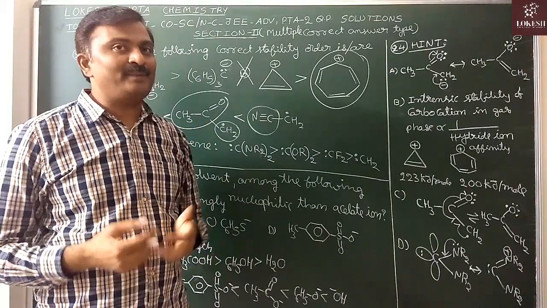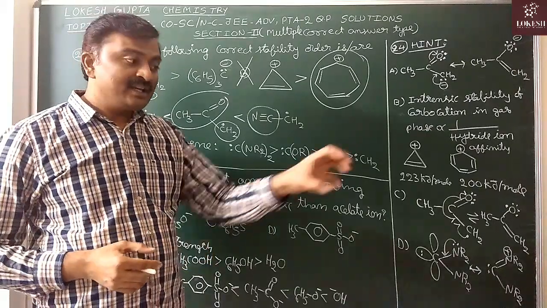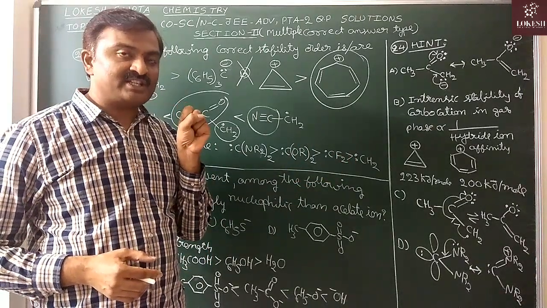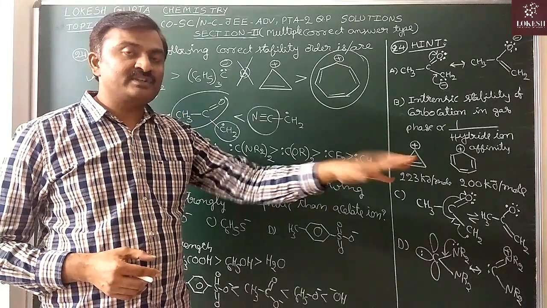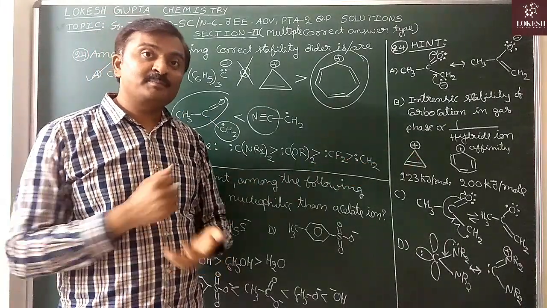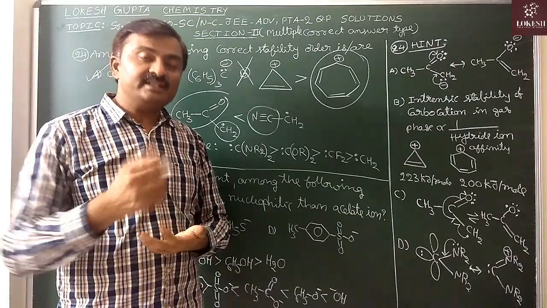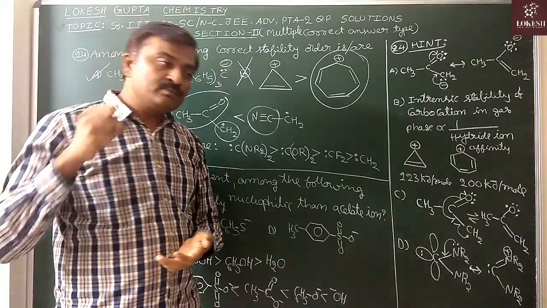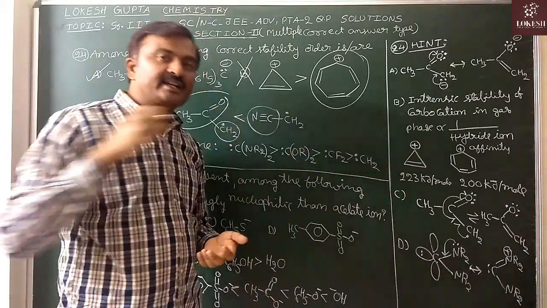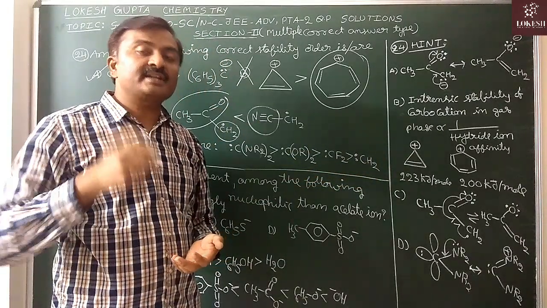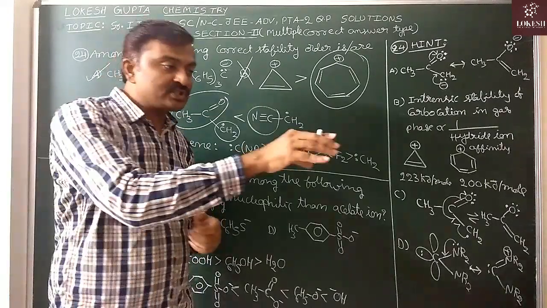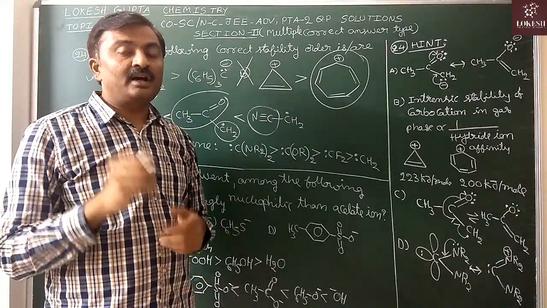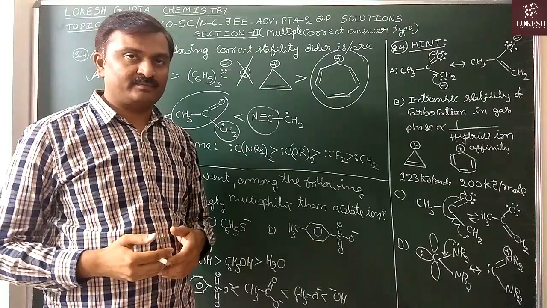But in case of carbanions, with negative charge, electron withdrawing groups will stabilize the carbanion. Electron releasing groups will destabilize the carbanion. But surprisingly, in case of free radicals, both electron releasing and electron withdrawing groups can stabilize the free radicals. It is called the push and pull effect or captodative effect.